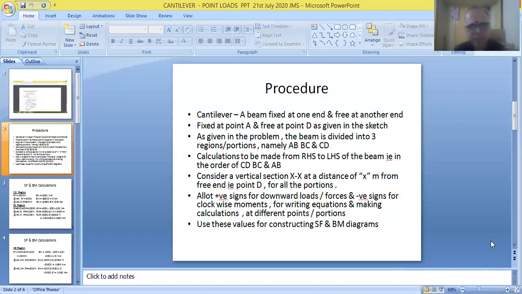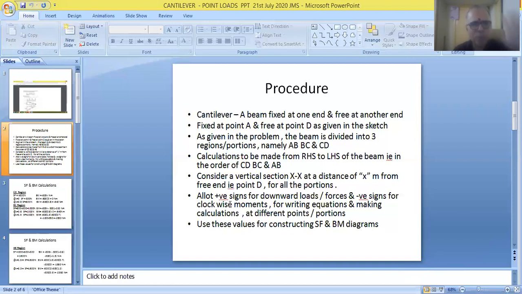So allocation of symbols is very important, my dear friends, for getting correct values of shear forces and bending moment diagrams. But friends, so far as this problem is concerned, all the forces are acting in downward direction.